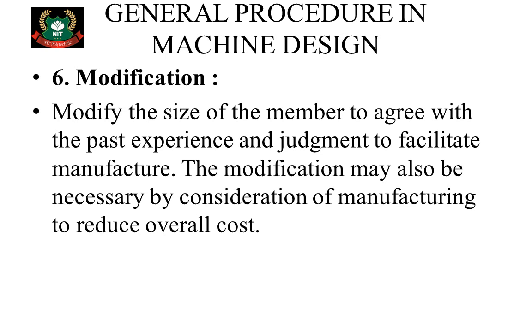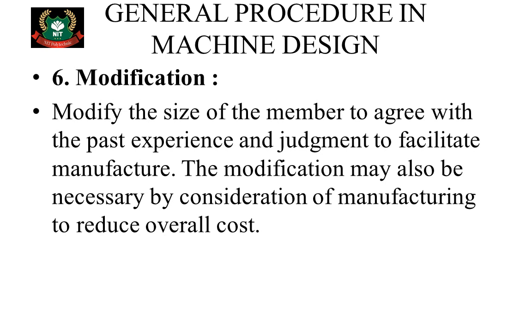So in modification we can change the diameter of the punch, or we can change the material of the punch, so it can sustain all the stresses, that is the crushing stress and shear stress, acting on it during the punching operation.